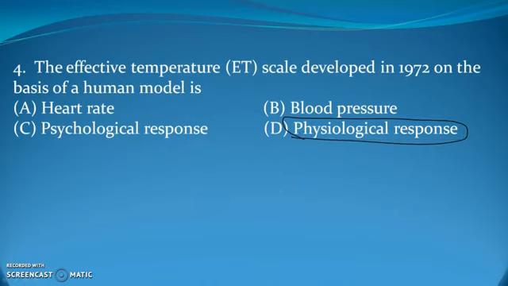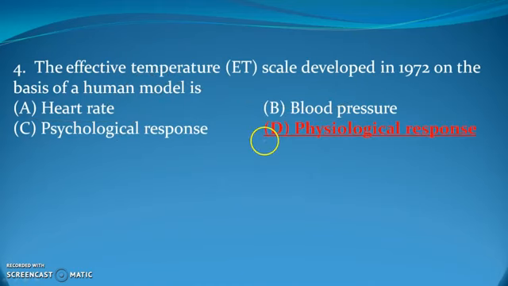Physiological response will happen according to the change in outside temperature, basically in operators. Heart rate, blood pressure and psychological response are not related to temperature. Only this is related. So the answer is physiological response.